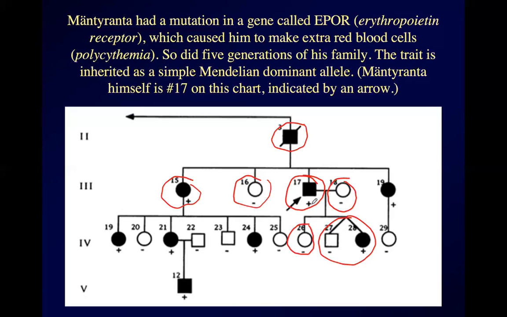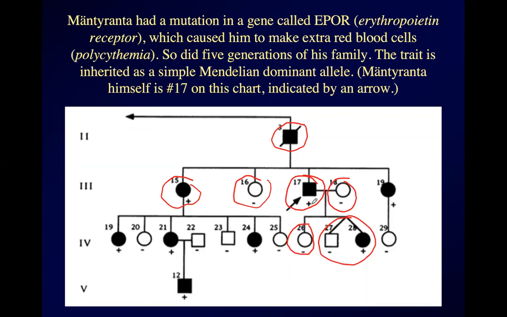You might have heard of blood doping, where athletes will extract some blood, take out the red blood cells, and then put those red blood cells back into their blood just before competing. That's illegal. But Montiranta was basically naturally blood doped because his body just made extra red blood cells.